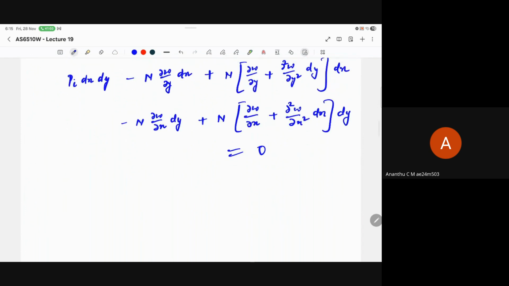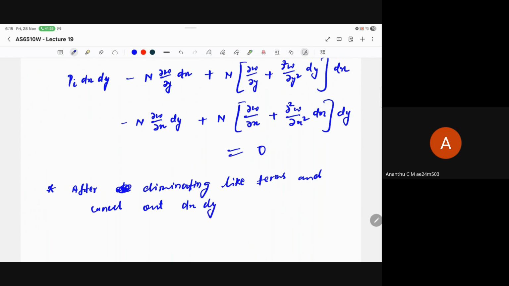Now we can simplify this. Let me just write this after eliminating like terms and canceling out dx dy.